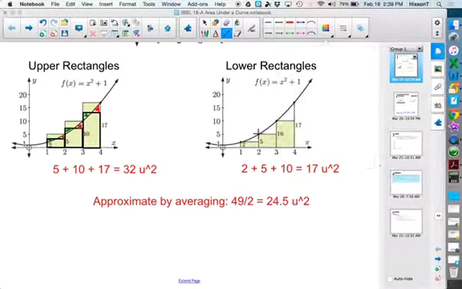Here, what I would do is, instead of making the side from 1 to 2 the base, that's actually going to be the height of my trapezoid, and then the two bases are going to be f of 1 and f of 2. And you guys know the area of a trapezoid is 1/2 the sum of the bases times the height. So 1/2 times 2 plus 5, so that's 7, that's 3.5, times the height of 1, so the area of this trapezoid would be 3.5.